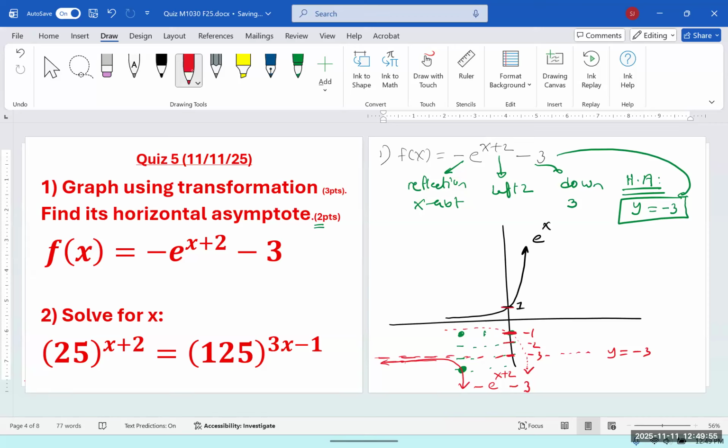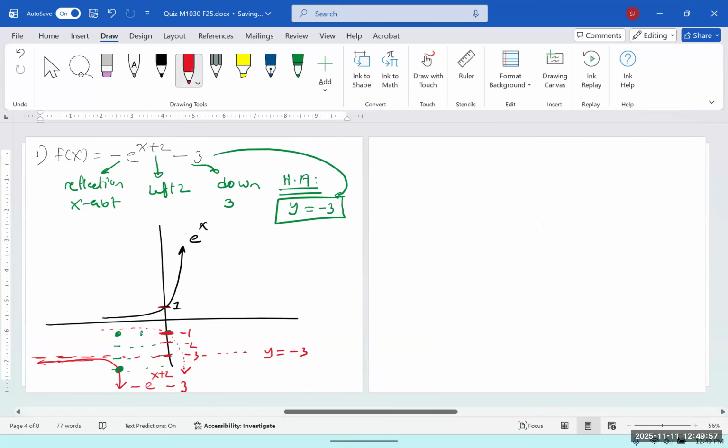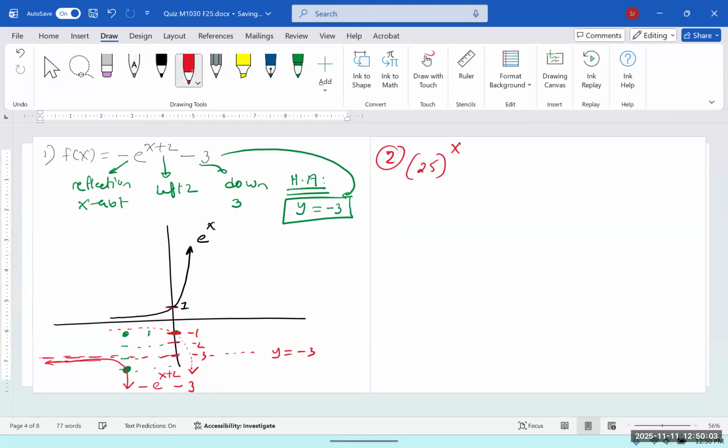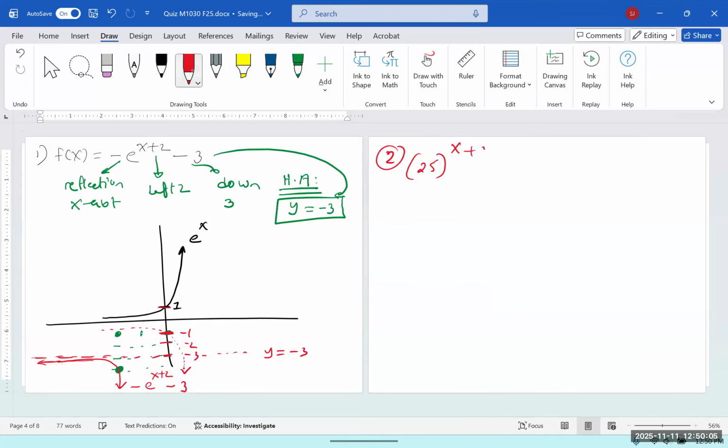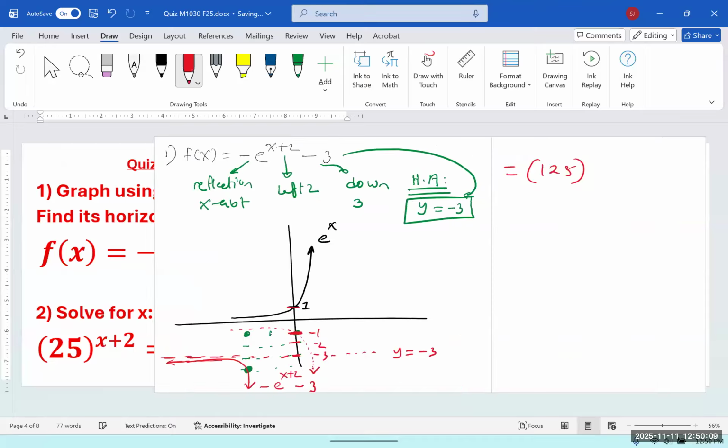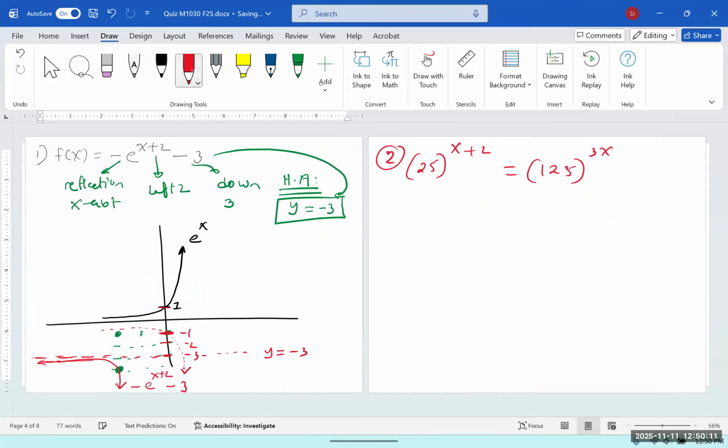No. Okay, the next one, solving exponential equation. We have 25 to the x plus 2 equals 125 to the 3x minus 1. So we have two different bases. Can you rewrite 125 as 25 to some power? Is it possible?